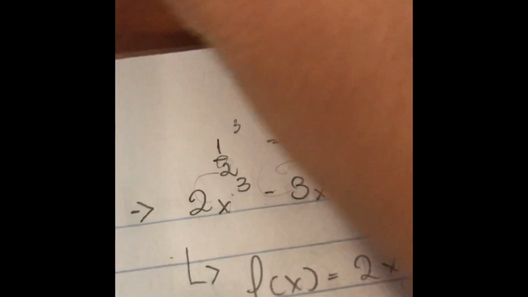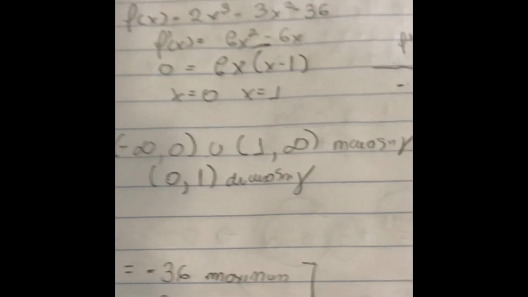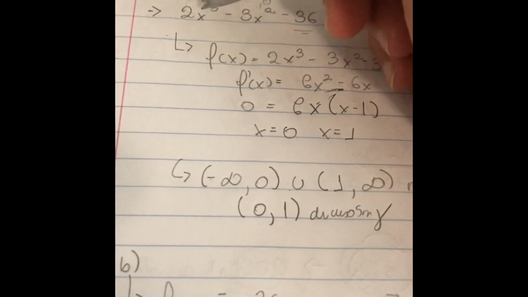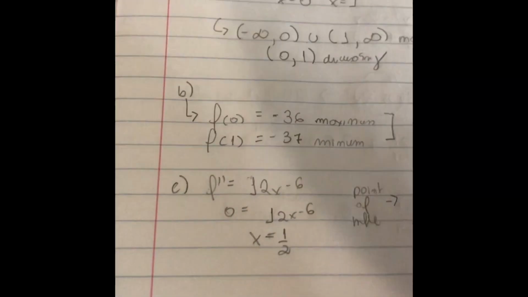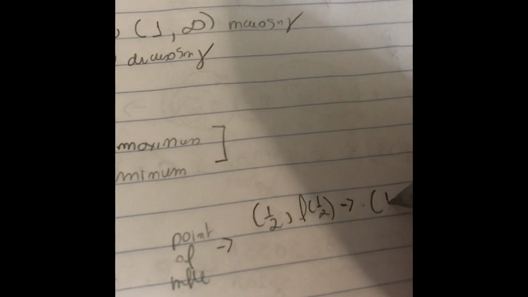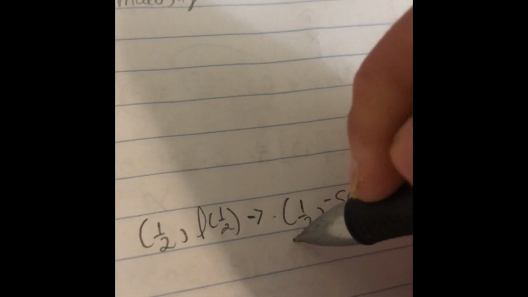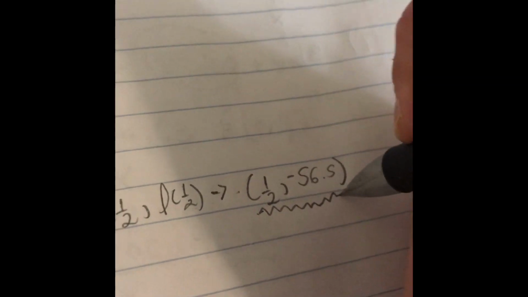Doing this in the calculator, we find that f of 1/2 will be minus 56.5. So this will be our point of inflection here.